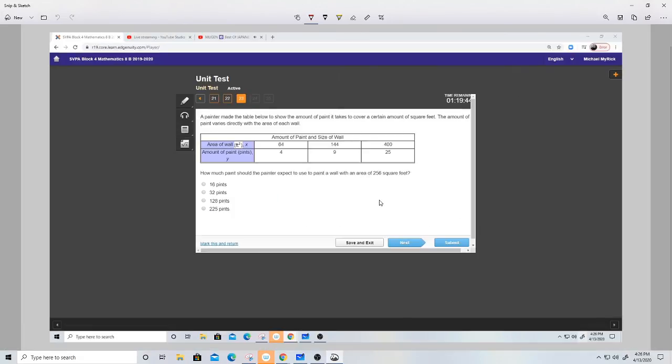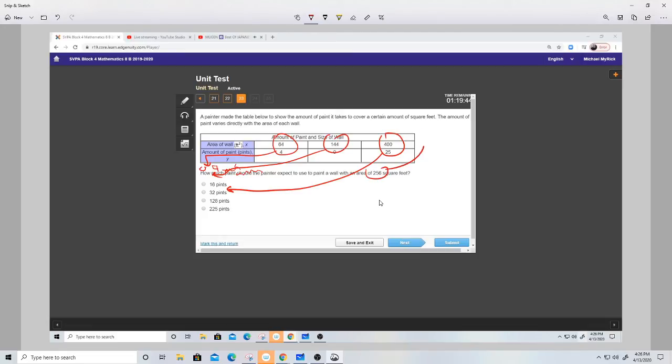Let's use the snipper. This is a snipper one. Basically, you see how they've set this up? 4 is like right here. 4 units or pints, whatever. 9 is right here. 9 pints. And then 25 is like right here, right? And also, is 256 between 144 and 400?